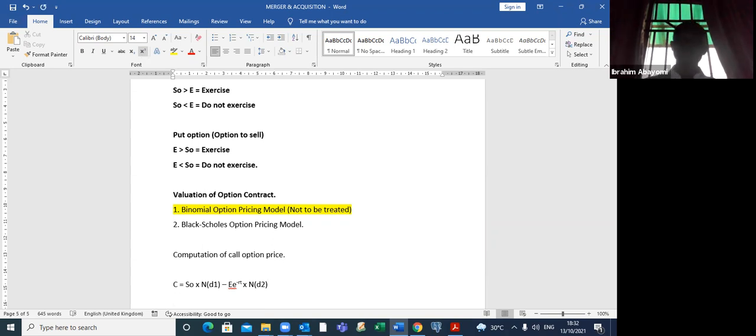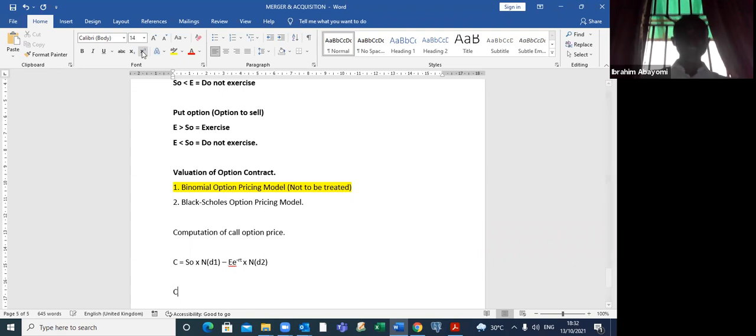Now, where C is equal to the value of the call option.